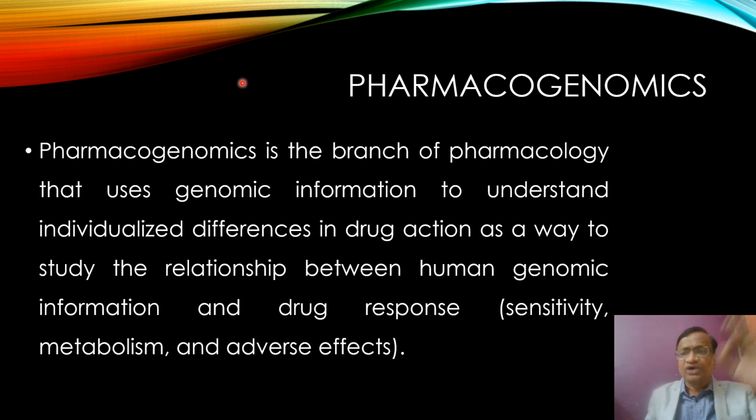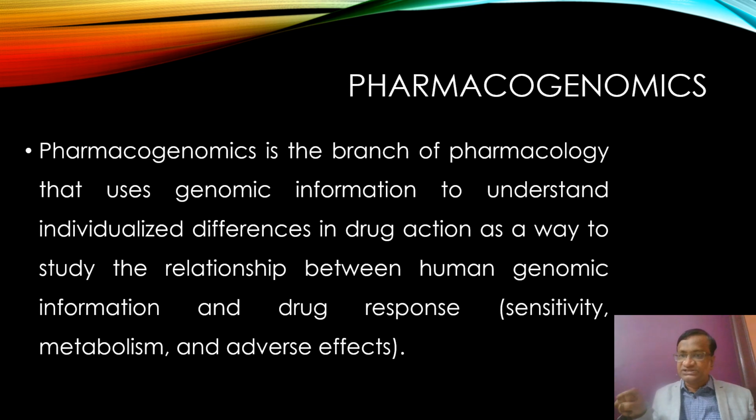Now, what is pharmacogenomics? We know what is genomics. It's a branch of pharmacology that uses genomic information to understand individualized differences in drug response. I will tell you in simple terms.